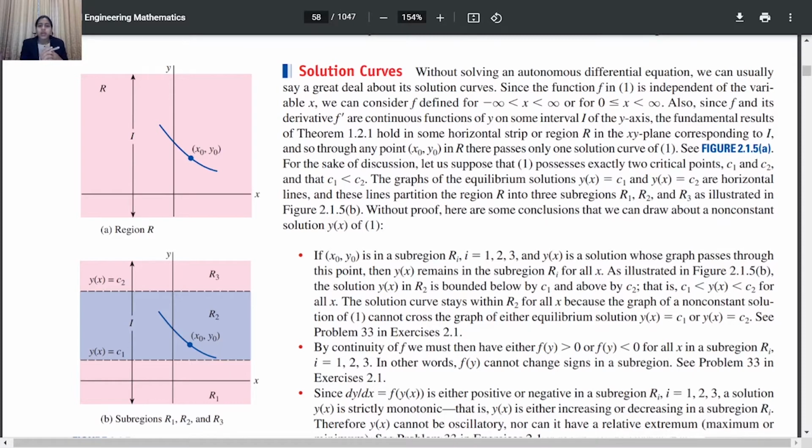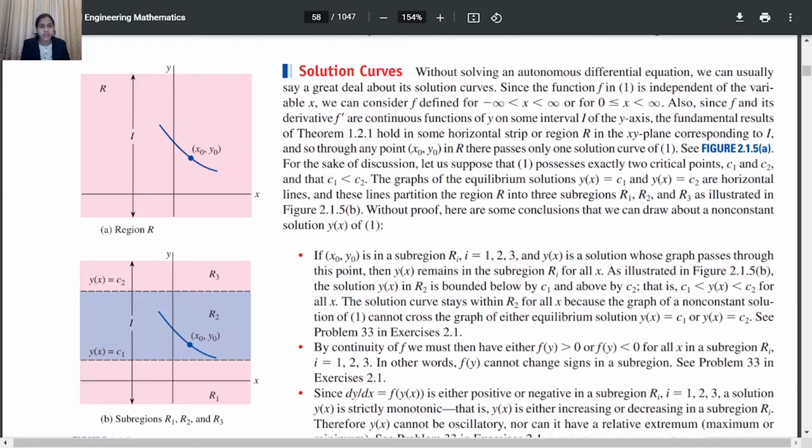Now the second thing we can get is that in any one of these regions, whichever we take, the function, dy by dx equal to f of y, that is the function I am talking about, is either increasing or decreasing. It cannot be both, increasing and decreasing. That is not possible.